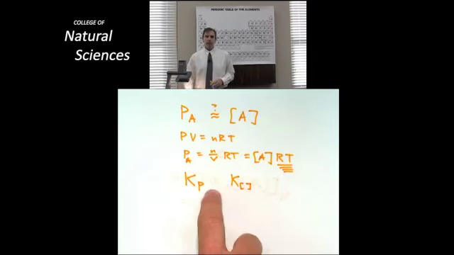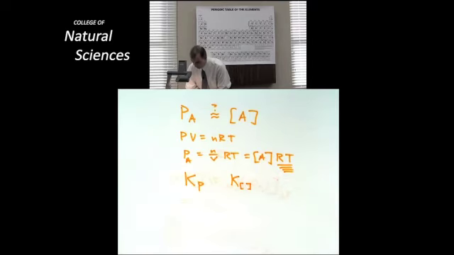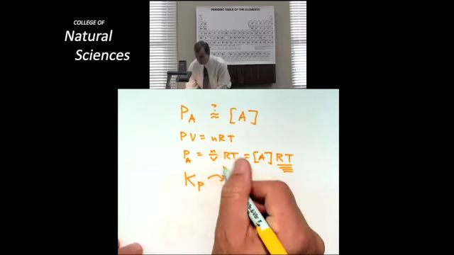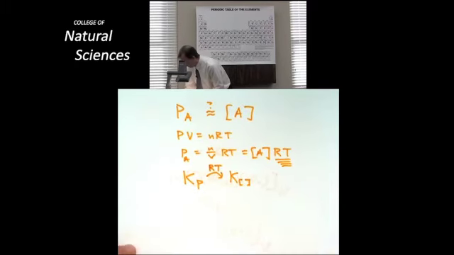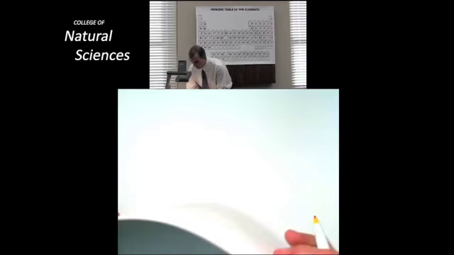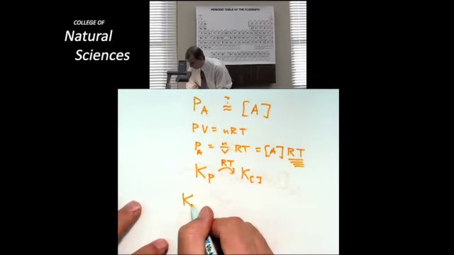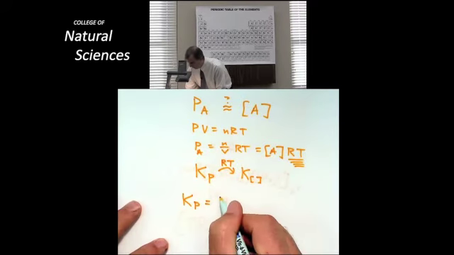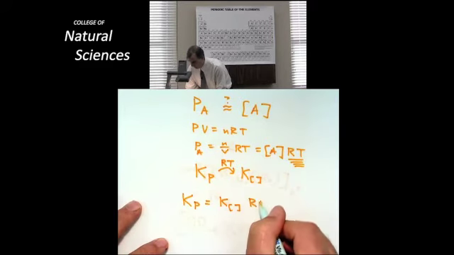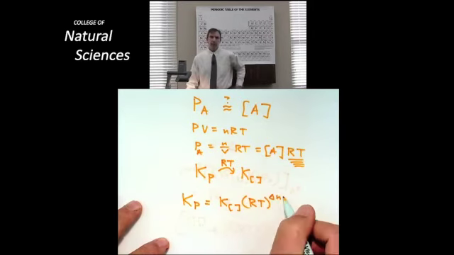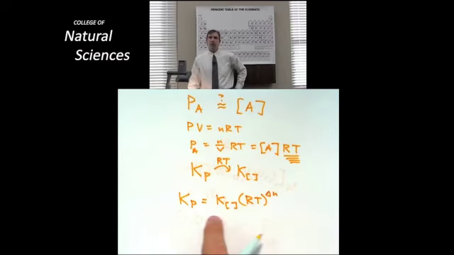There is a relationship between these, and this relationship is found through RT. So it's pretty simple to derive the fact that Kp is equal to Kc, the K of the concentrations, times RT raised to the delta n. This is the expression that allows us to convert a concentration term into a pressure term.